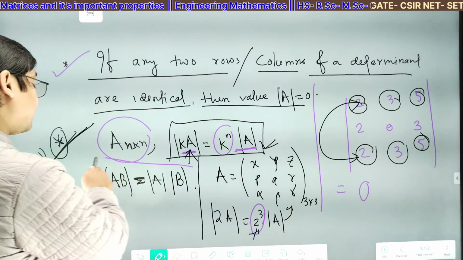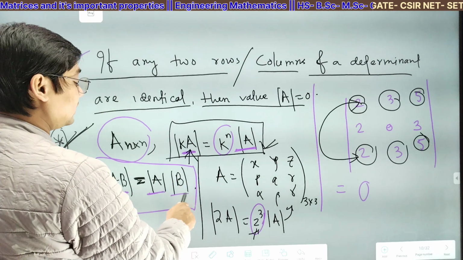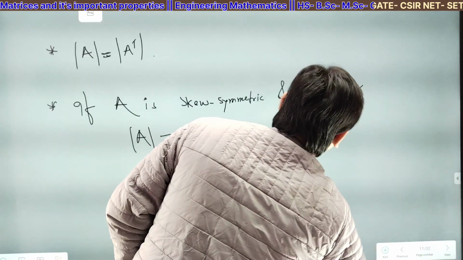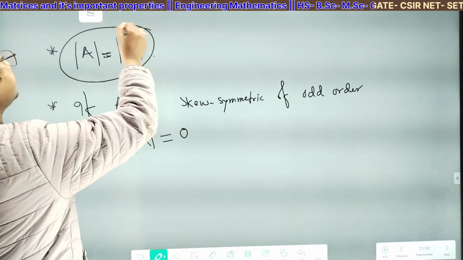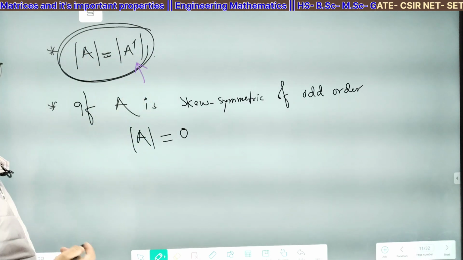And also another property: the determinant of AB is the determinant of A into the determinant of B. Yes, this is important. The determinant of A and the determinant of the transpose of that matrix are equal.